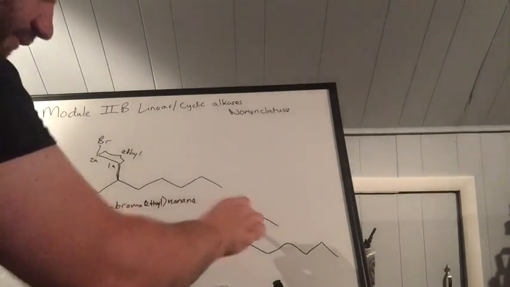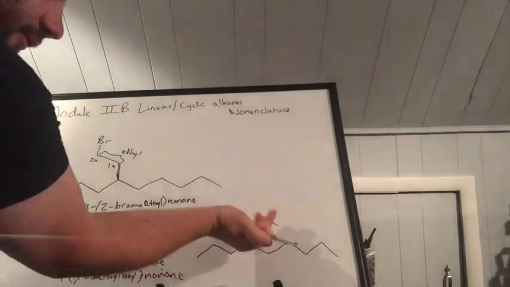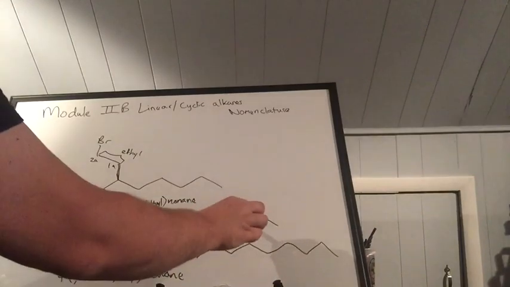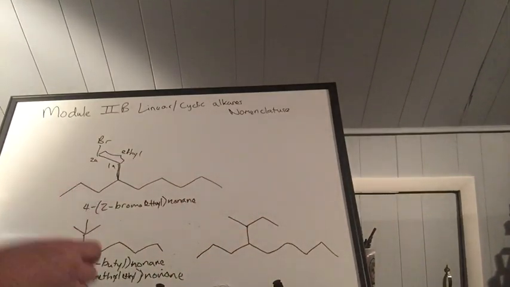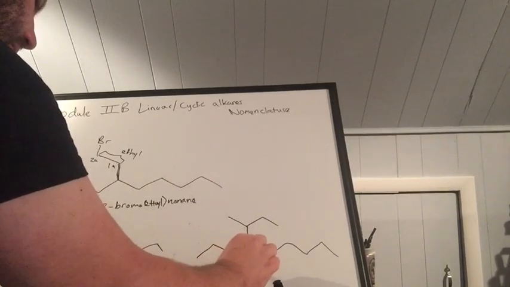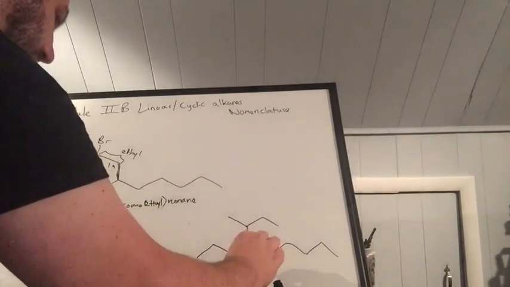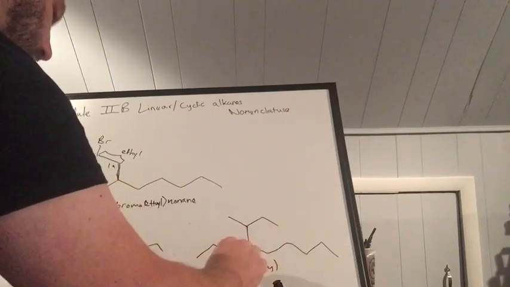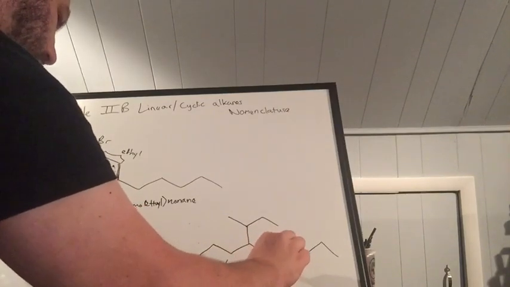If that's 4 and it's secondary, so if we ignore everything that's down here on the main chain, this is going to be a secondary carbon, so that means there's going to be 2 carbons connected to this carbon and an additional hydrogen. So this is going to be 4-sec, as in secondary, sec-butyl, nonane.